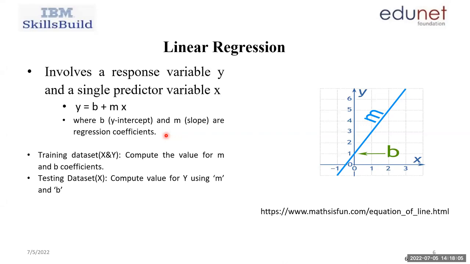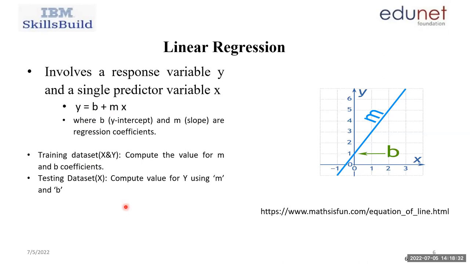So based on the already given x and y values, we have to find out the values of y-intercept and slope. Based on the computed values of y-intercept and slope, if we have a new or unseen value of x, we can use this y-intercept and slope value to find out the value of y.